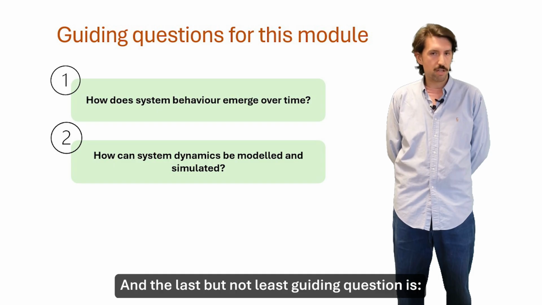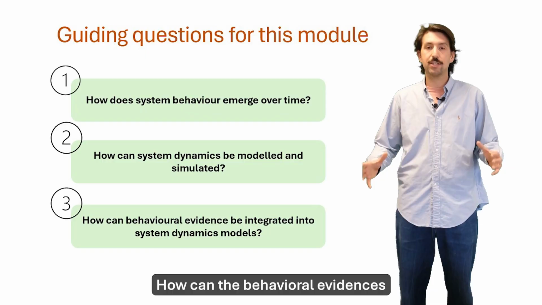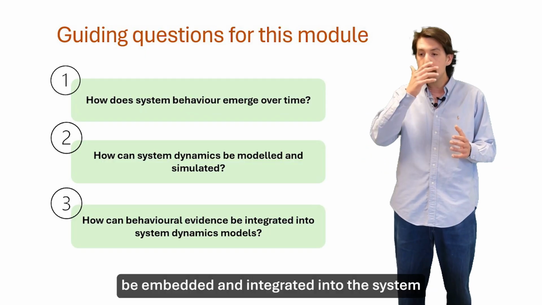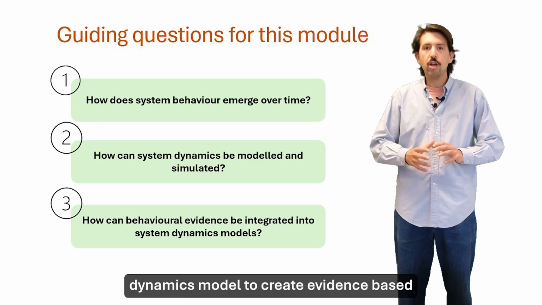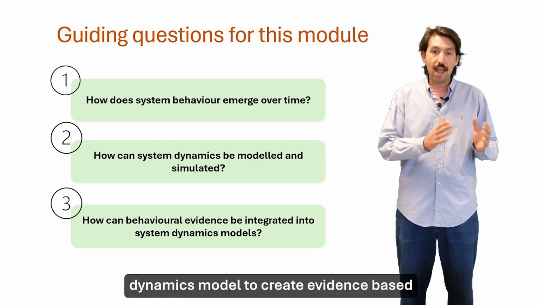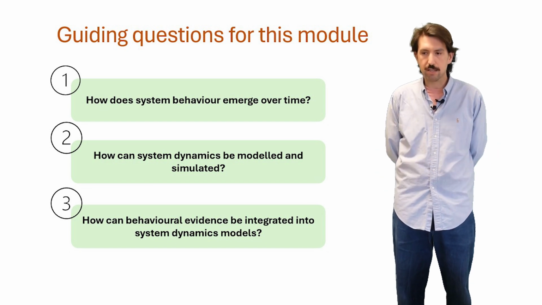And the last but not least guiding question is how can the behavioral evidences be embedded and integrated into the system dynamics model to create evidence-based decision making and policy mixes.